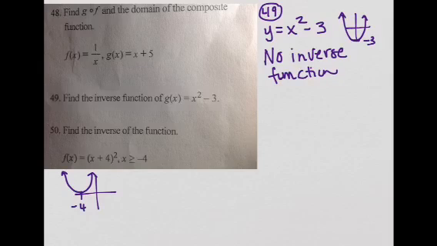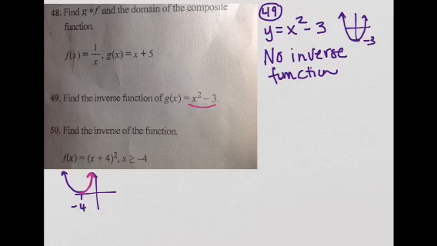And so they're just saying pick the part where x is greater than or equal to negative 4. So just pick this half right here and find the inverse of that half. And the pink part, that one is 1-to-1. So we could find the inverse. Okay, for 49 we couldn't, because this is the whole parabola and it's not 1-to-1.